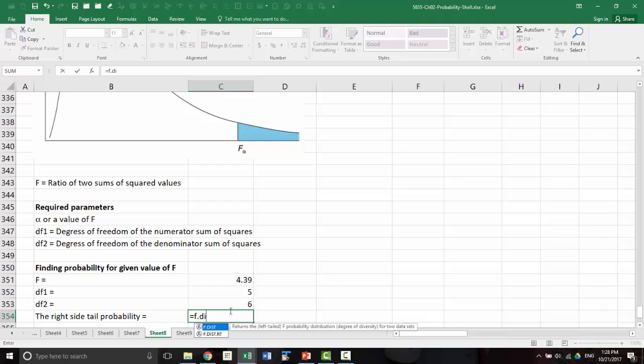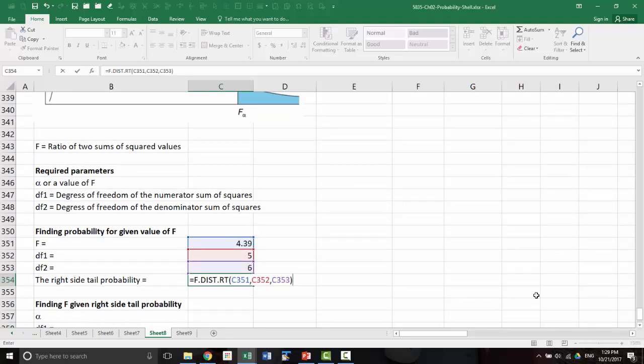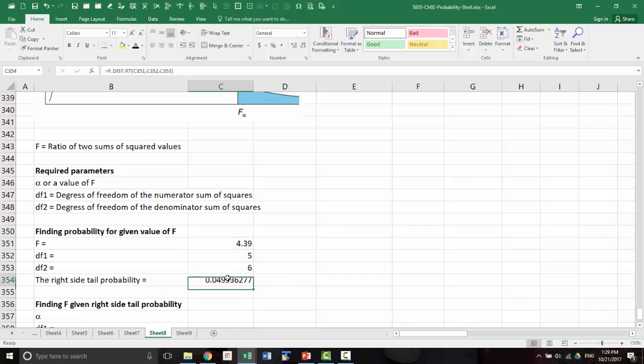That's the reason why Excel gives you the tail function as well. So we'll use the tail function F.DIST.RT. RT stands for the right side. Then x, that's your F value, and then the two degrees of freedom. This will give you the tail probability.